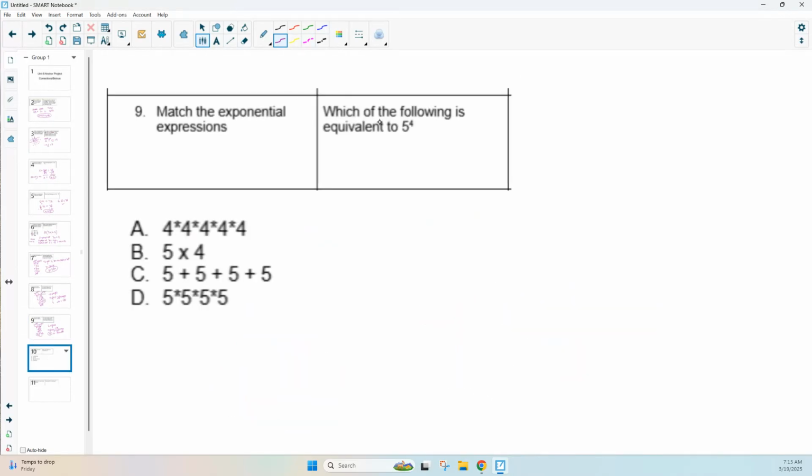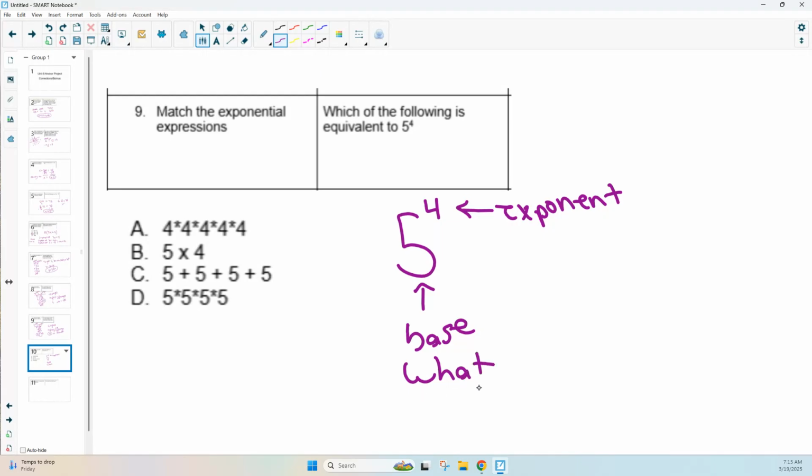Match the exponential expressions. Which of the following is equivalent to 5 to the 4th power? All right, we have an exponential expression here. We have our base and we have our exponent. Our base is what number you are multiplying.